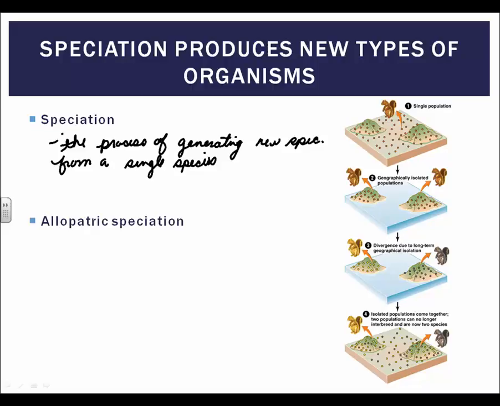Allopatric speciation is the most common form of speciation, and this is just when species form as a result of some kind of physical separation.